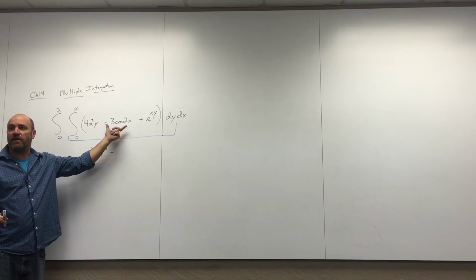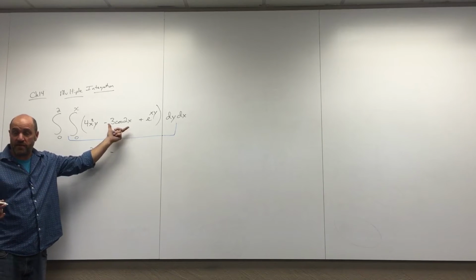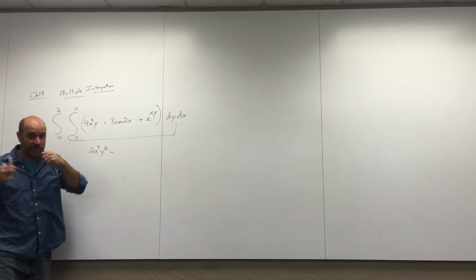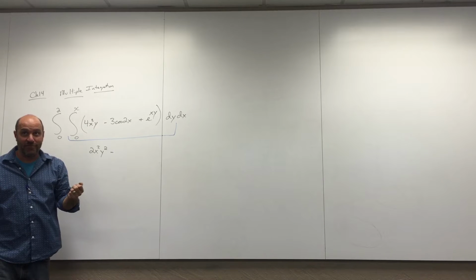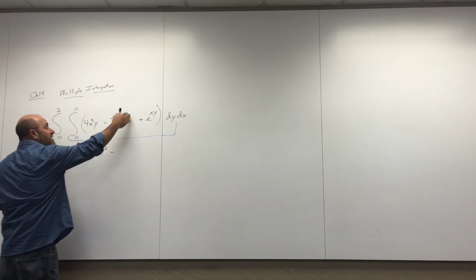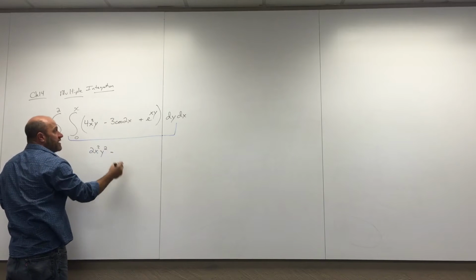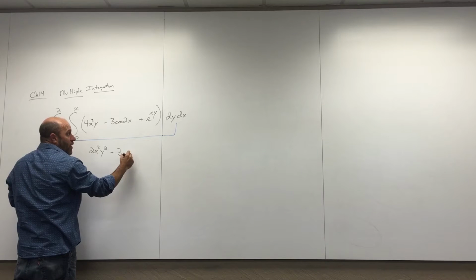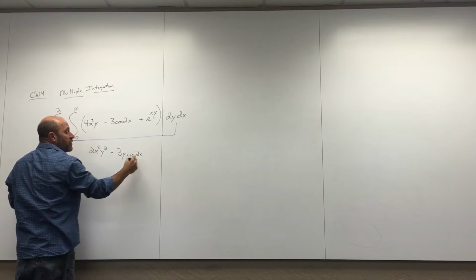How do you integrate a constant with respect to y? You just multiply by y. When you integrate a 6 with respect to y, it's 6y. So when you integrate this constant with respect to y, you get 3y. That's a good place to multiply it.